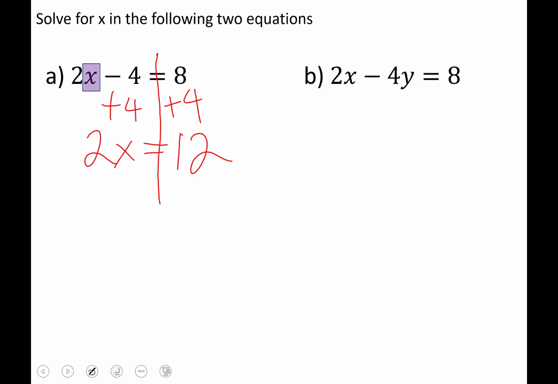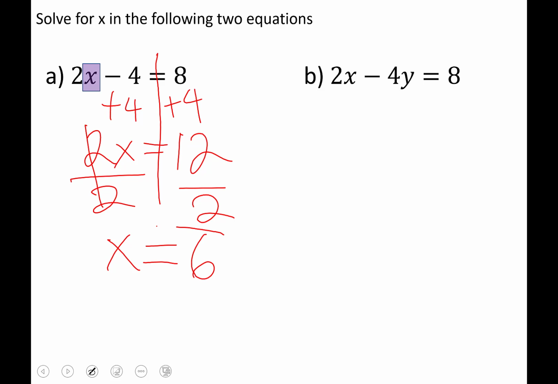From here, I still have something with the x, so I'm going to divide by 2 because the 2 is multiplying the x. 2 divided by 2 becomes 1, so I'm left with x equal to 12 divided by 2, which is 6.